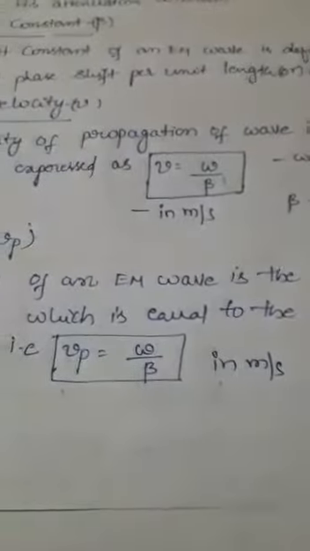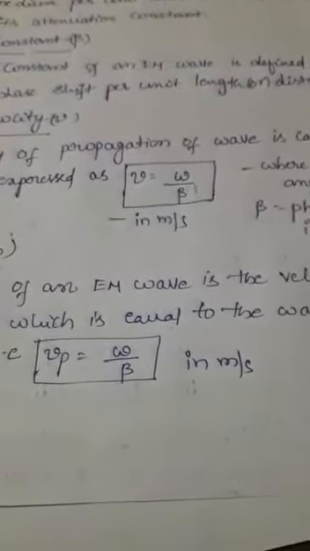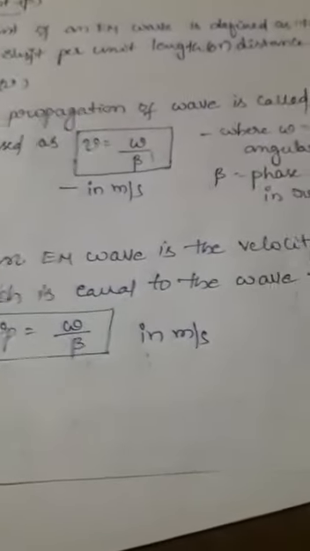That is called phase velocity. So the phase velocity means at every point the electromagnetic wave velocity is constant. That's why phase velocity is equal to the wave velocity, which can be defined as Vp equal to omega by beta in meter per second, same as wave velocity.